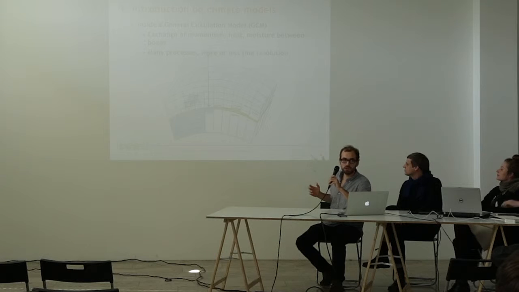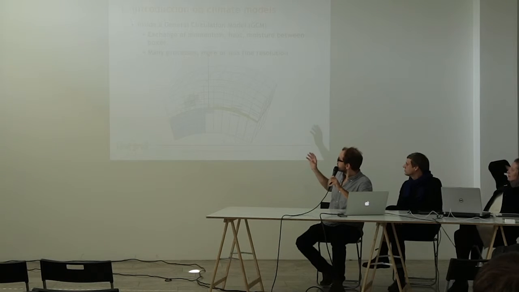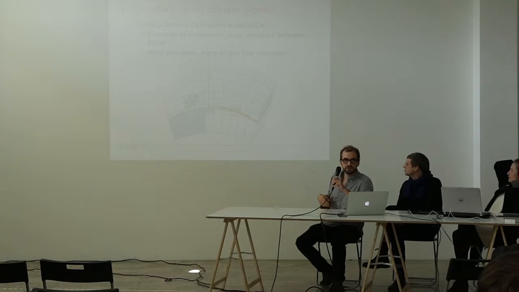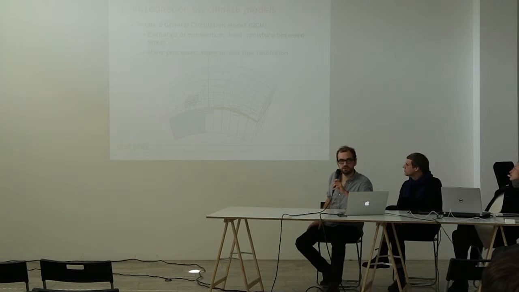And these general circulation models, the biggest ones, have many processes, and because they can have this relatively fine resolution, you don't have to parameterize too much. Parameterize is also another important word.